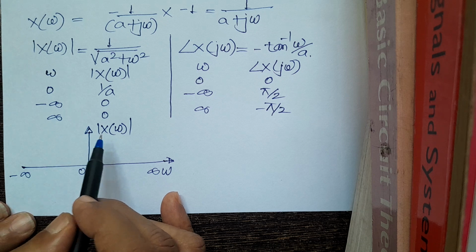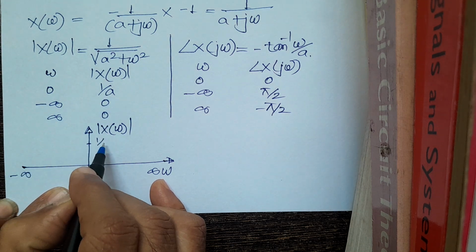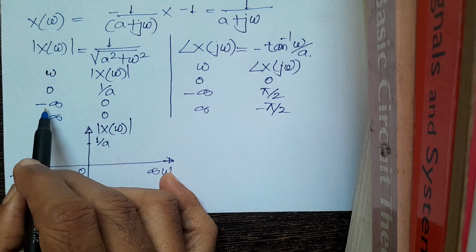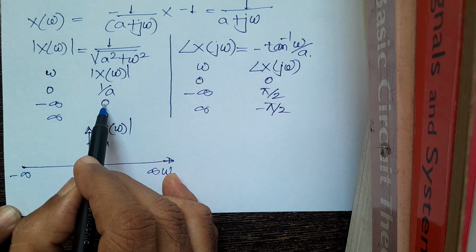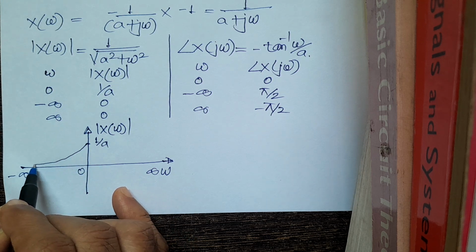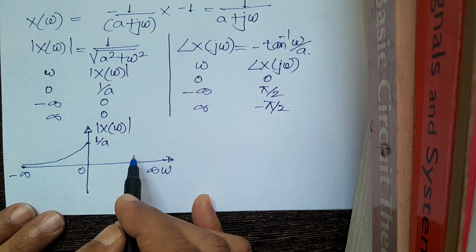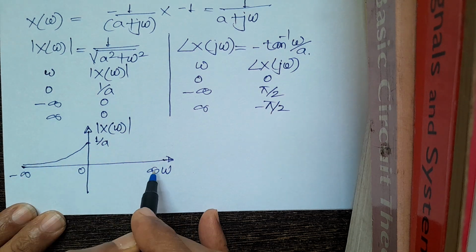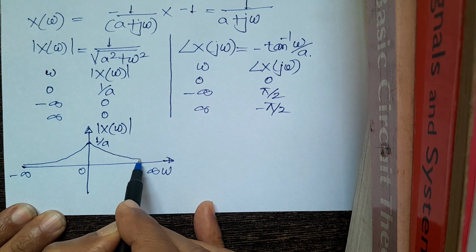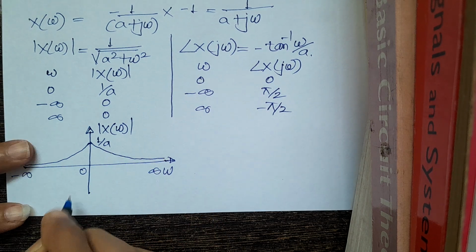When omega is equal to 0, the magnitude is 1 over a. And when omega is equal to minus infinity, your magnitude is 0. So this is going like this, and at minus infinity it will touch this line. And when omega is equal to infinity, we are also getting 0, so we will get the graph like this. So this is the magnitude plot.